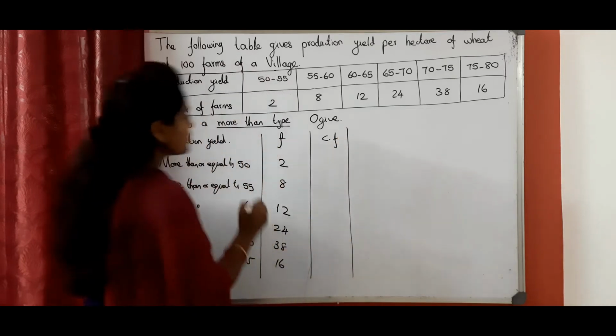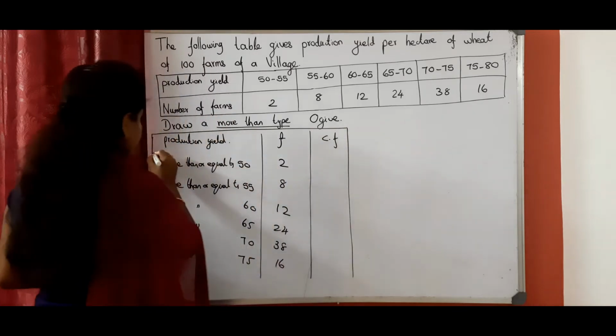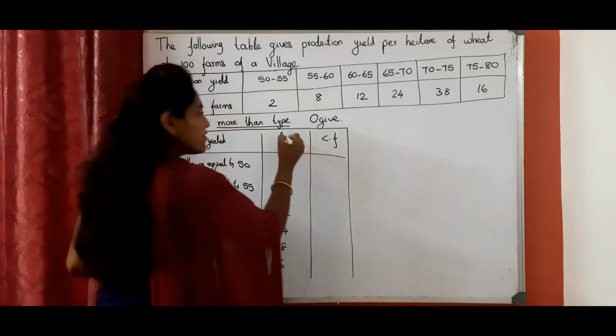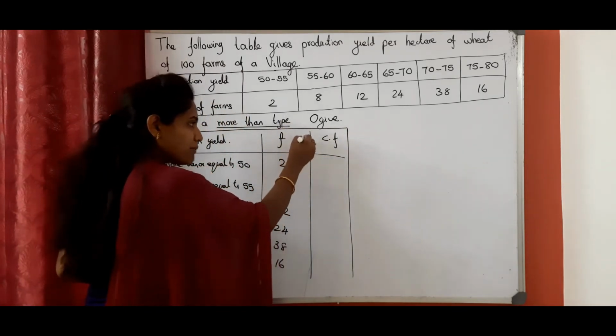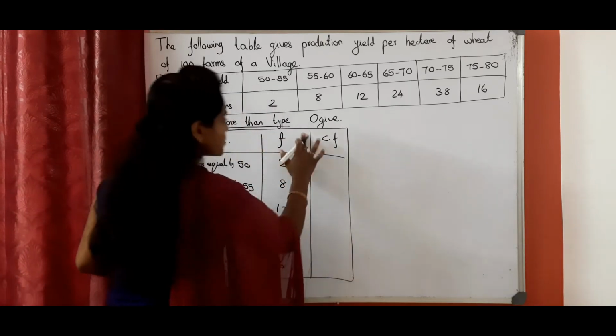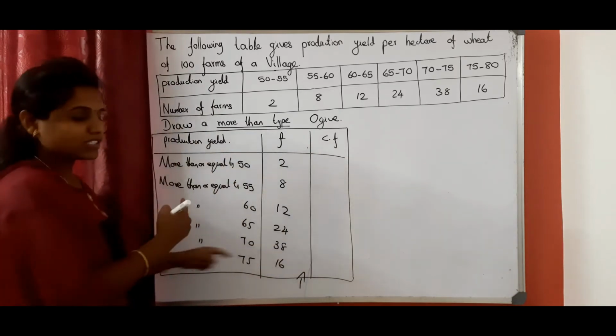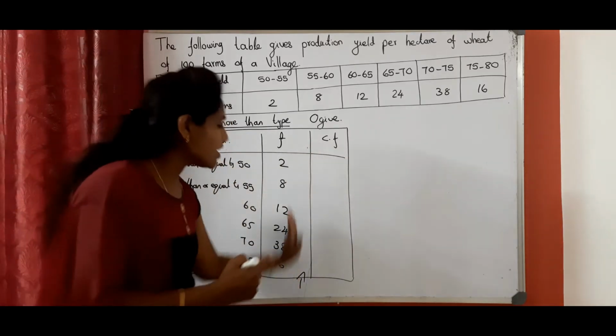In a less than value, how do we find the cumulative frequency? We add the frequency from up onwards, right? But if this is a more than value, we should add from down onwards, we should remember. Down onwards we should add.